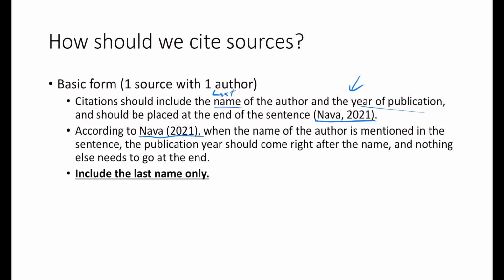And when you do it that way, instead of putting it at the end of the sentence, you put the year that information was published right there after that person's name or after that organization's name. And then you go on with your sentence, and you don't have to put anything at the end there.